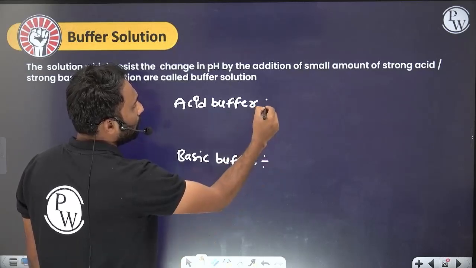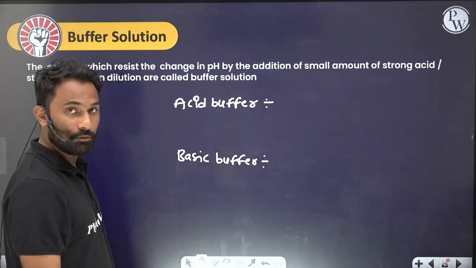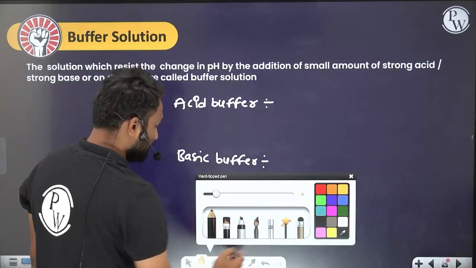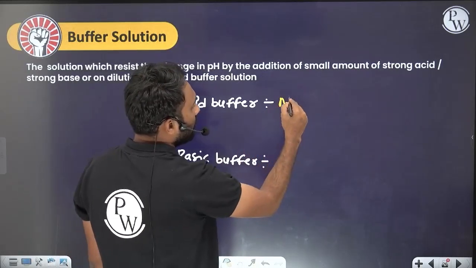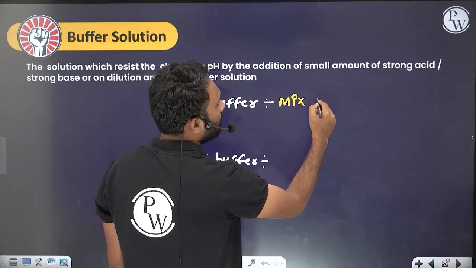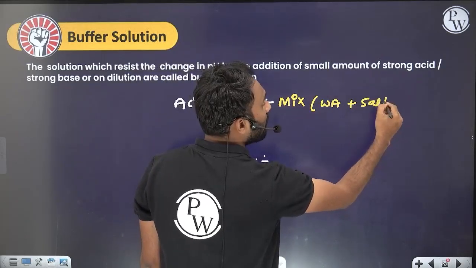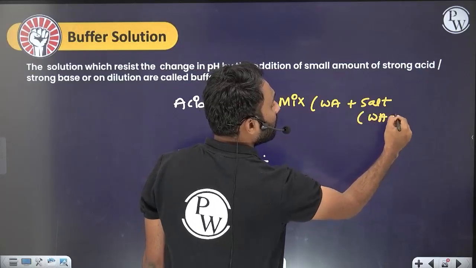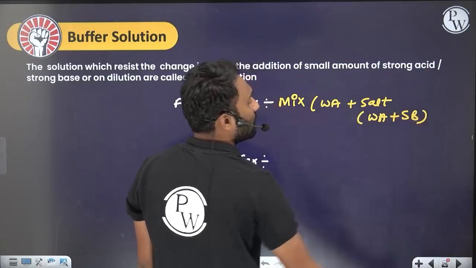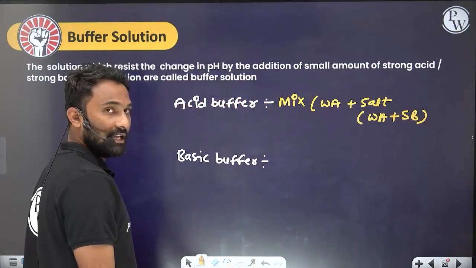Now how can an acidic buffer be prepared? Here, an acidic buffer is prepared by a mixture of a weak acid plus a salt made from the weak acid plus a strong base. How can a basic buffer be prepared? A mixture of a weak base plus a salt of the weak base plus a strong acid. So the acidic buffer is a mixture of a weak acid plus its salt with a strong base.